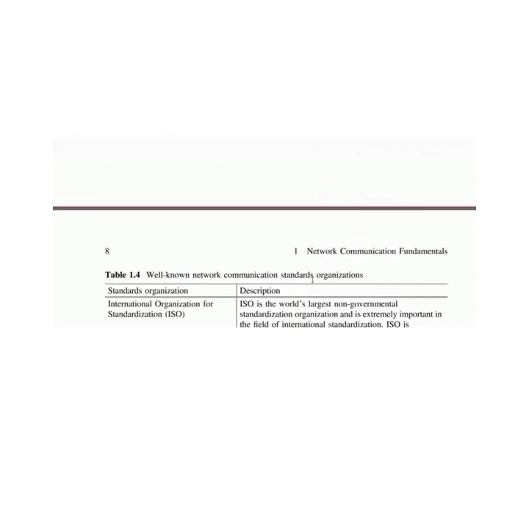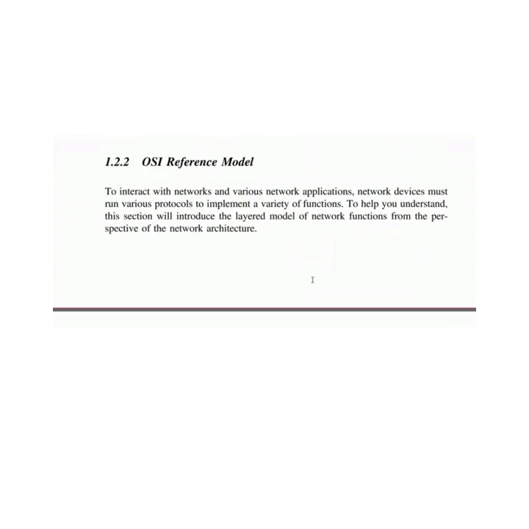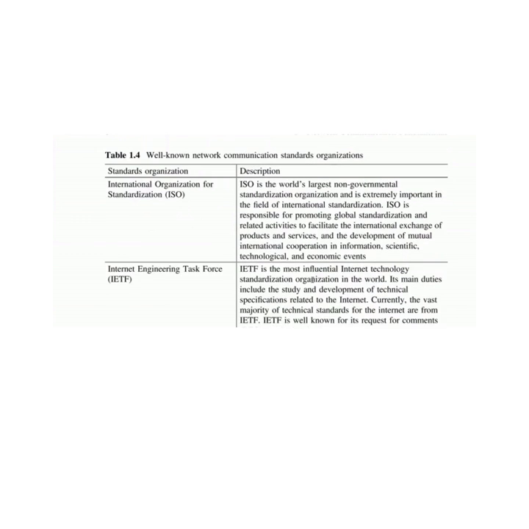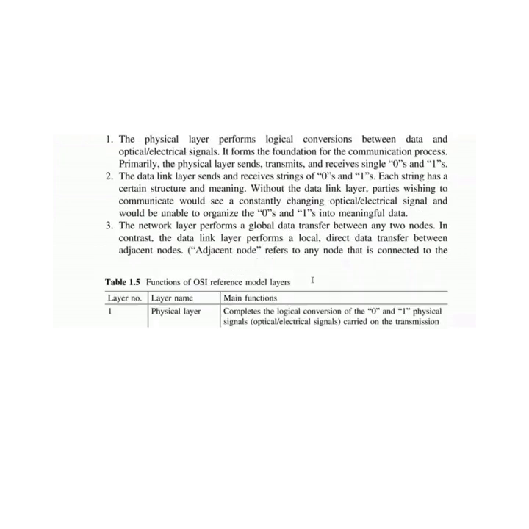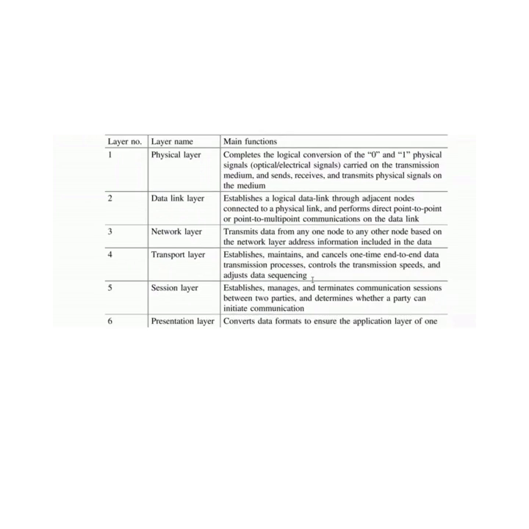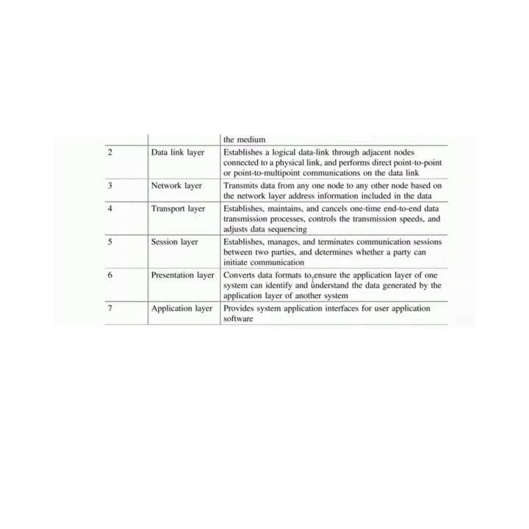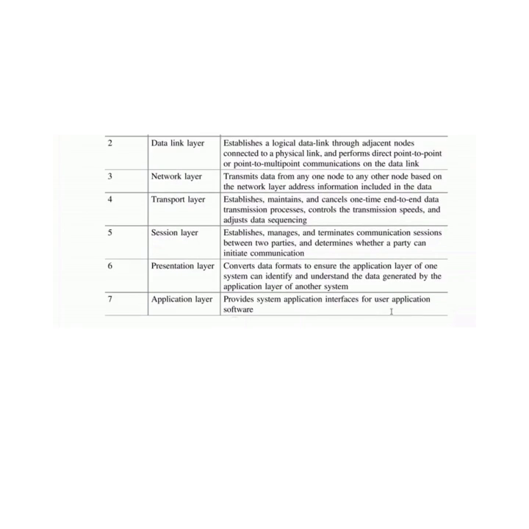You can see we have the other standards, the ISO, IETF, and the likes. You can read that by yourself, but let's go back to the layering. To go further, the application layer provides system application interfaces for user application software.